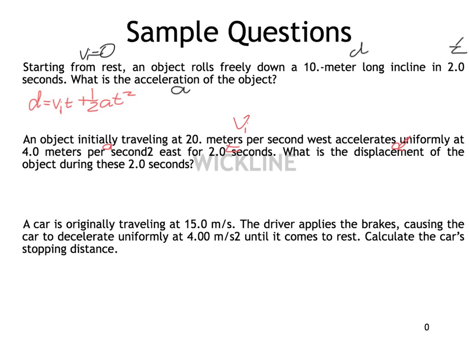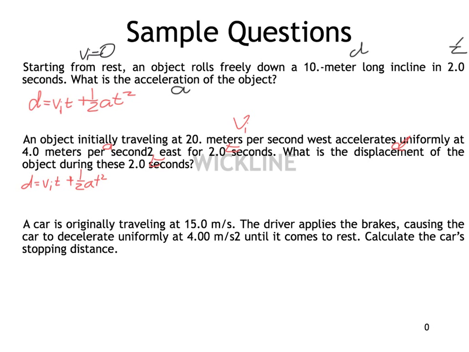That's D of the object during these 2 seconds. So we have a VI, an A, a T, and a D. So take a moment, look at your reference table, and choose an equation that matches those variables. I'm seeing again that a good equation is D equals VIT plus 1/2 AT squared.